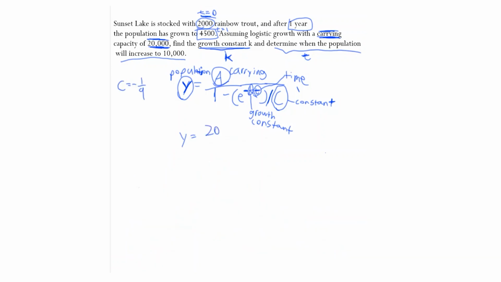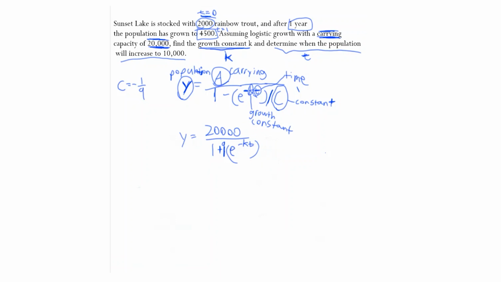So our new equation, divided by negative 1 over 9, will equal positive 9 in the front, and so the negatives cancel out. Because if you divide by a fraction, you just multiply by the denominator. Okay, so that's our new equation. And let's move on to the second part.